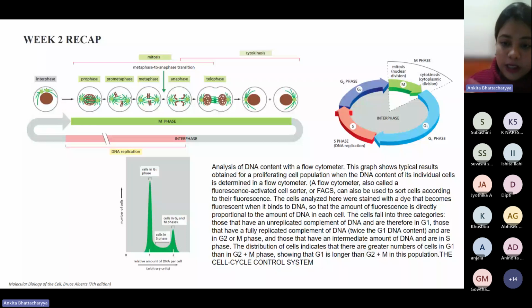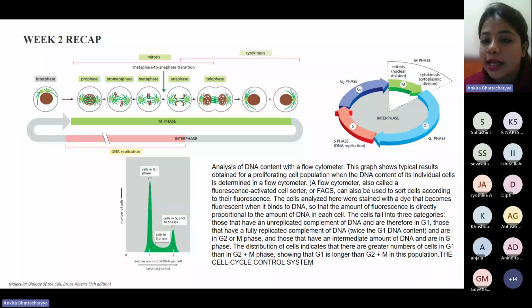Based on this principle, cells are separated into different compartments. The cells can eventually fall into 3 categories proportional to the amount of DNA. Those that have an unreplicated DNA complement, which means they only have a single copy of the DNA, would be considered to be in G1, versus if they have a fully doubled amount of DNA.